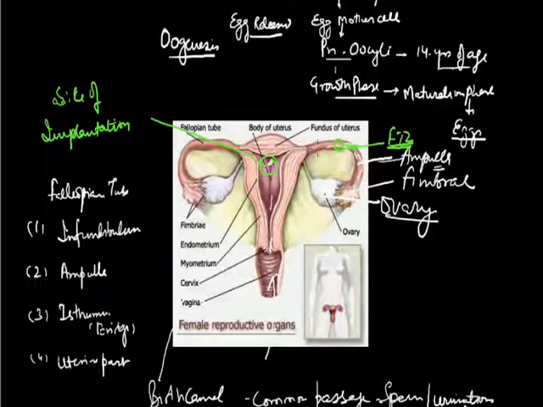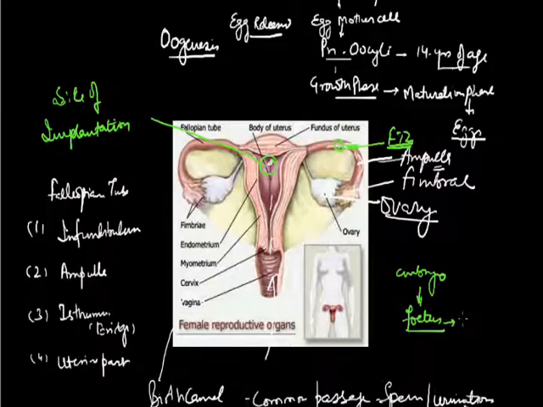Ultimately, at around the 8 cell stage, this is inside the uterine cavity and known as embryo. Embryo slowly develops into fetus, which develops into child.